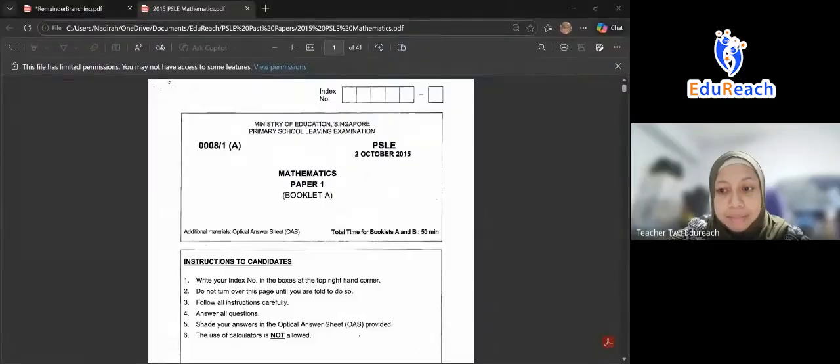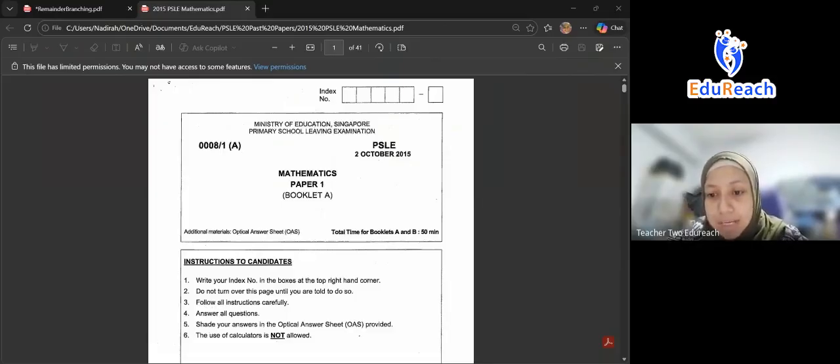So, since we have gone through quite heavy topics, I want to show you. Can you see my screen? This is an actual 2015 PSLE.